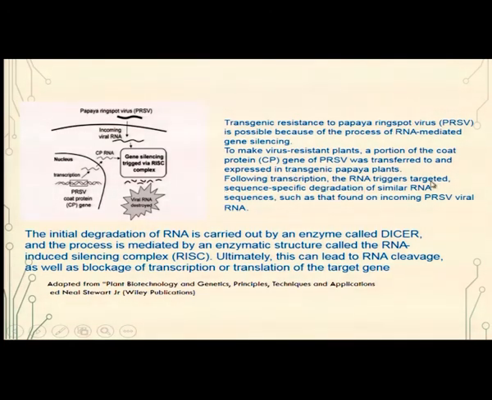Following transcription, the RNA targeted sequence-specific degradation of similar RNA sequences found on the incoming PRSV viral genome. The initial degradation of RNA is carried out by an enzyme called Dicer, and the process is mediated by an enzymatic structure, the RNA-induced silencing complex, called the RISC complex. Ultimately, this leads to silencing: the RNA will get cut, transcription may be blocked, or the translation process can also fail.